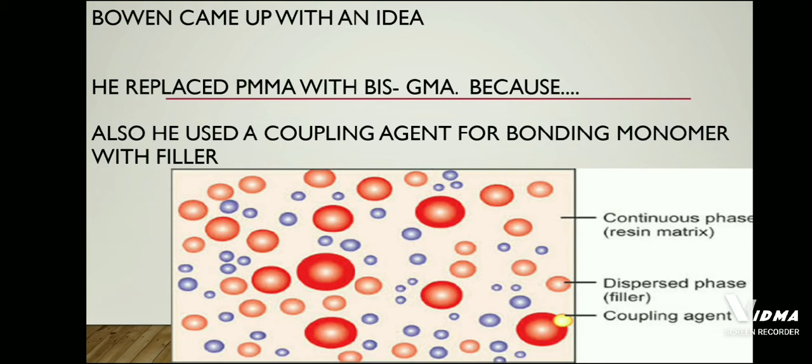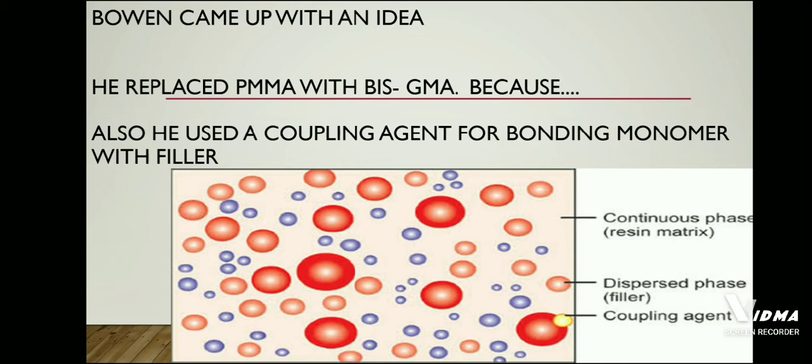Because PMMA was not able to cross link, while BIS GMA formed a highly durable, cross-linked matrix. We need a cross-linked matrix so that the bonding is good, so we decided to use BIS GMA.